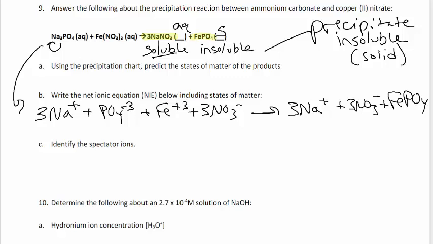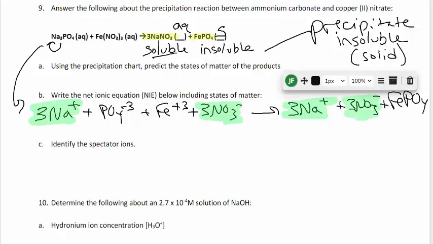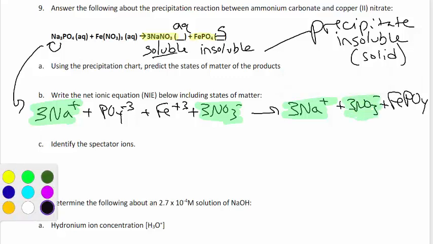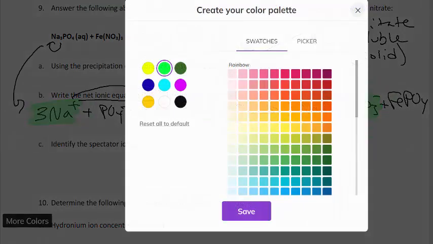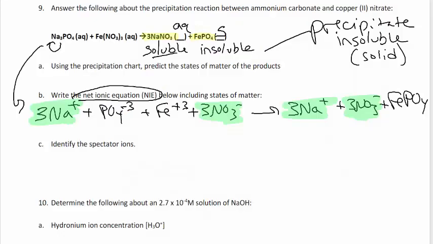So if you remember doing this in class, there are spectator ions, which are the same on both sides. So the sodium is aqueous and broken apart on the left side as well as the right side, and so is the nitrate. All right, what we're really looking for here is what's called the net ionic equation, which is going to be this next step here. What I want to do is show making the precipitate, which is the iron phosphate.